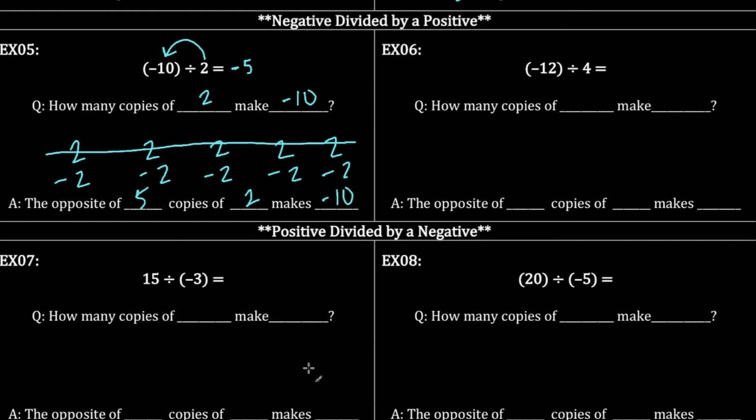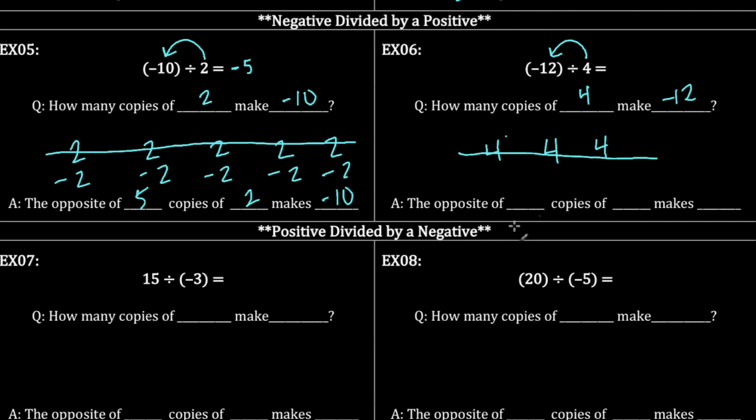So we have another example, right? We're trying to see how many 4's make -12. How many copies of 4 make -12? But the problem is, if I do 4, 8, 12, if I do 3 copies of 4, I would get +12.